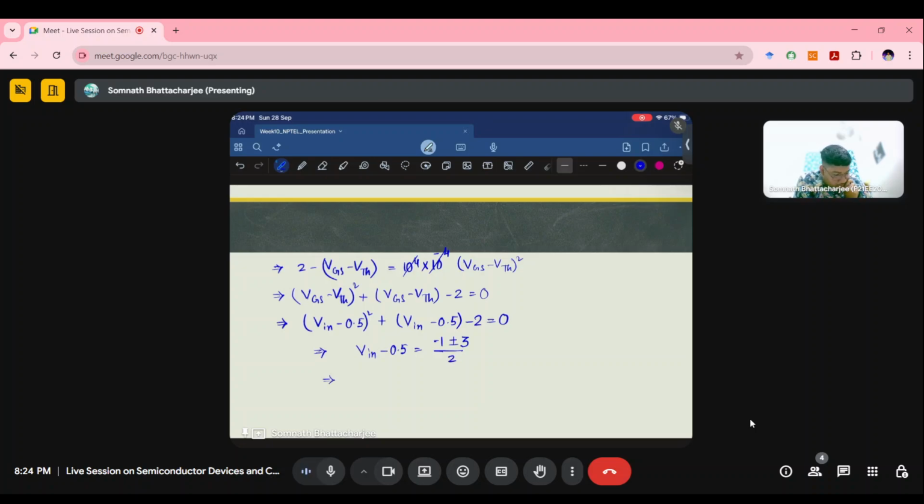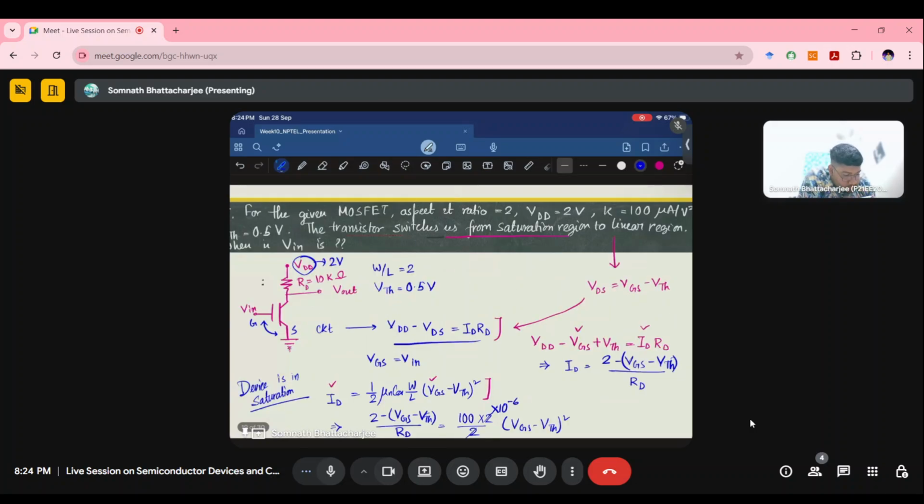So the value of V in equals minus 1 minus 3, that is minus 4, divided by 2, minus 2, plus 0.5 volts. Another one will be 2 by 2, 1 plus 0.5. So this is minus 1.5 volts or 1.5 volts. These are the two values of V input.